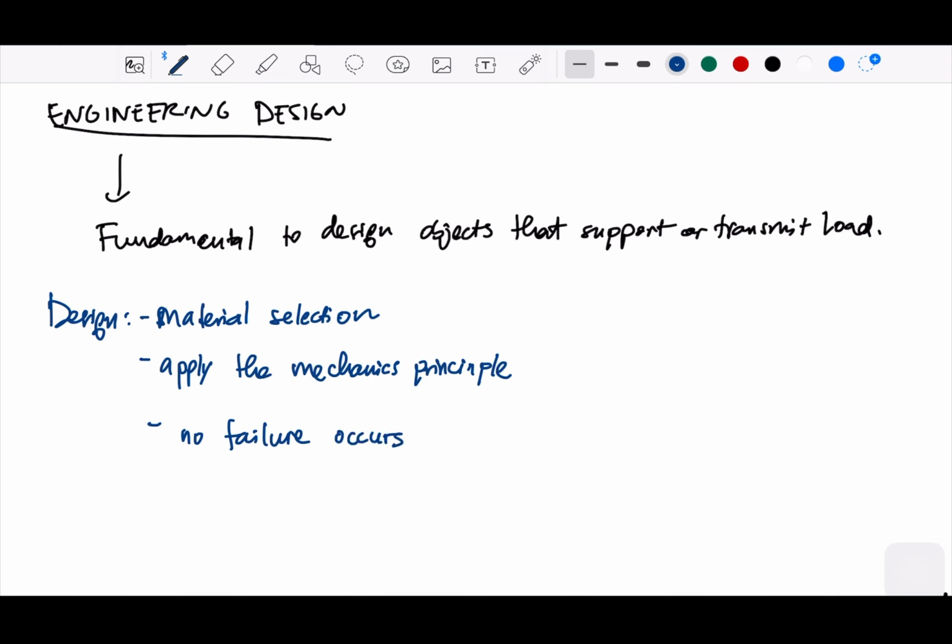No failure occurs under prescribed loading conditions. For example, your elevator. Usually you see numbers like 10 people or 12 people.